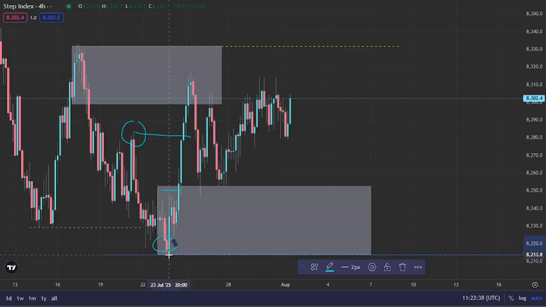So now this becomes the strong internal low, and this becomes the weak internal high. I flip it from bearish to bullish.